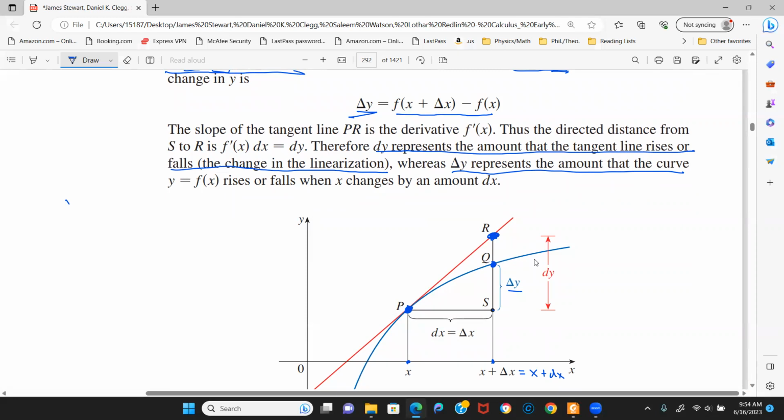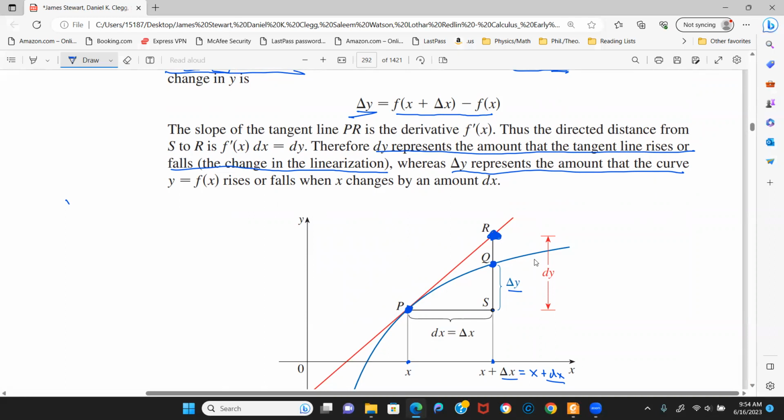And then you have this corresponding point over here that corresponds to changing x by delta x or dx a little bit. But then you can plug x plus dx into the line itself, and that will give you a point up here.